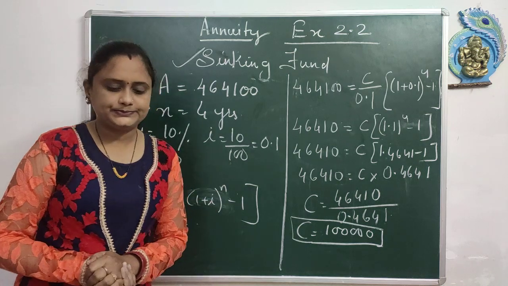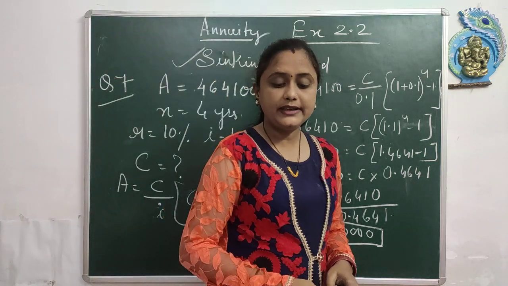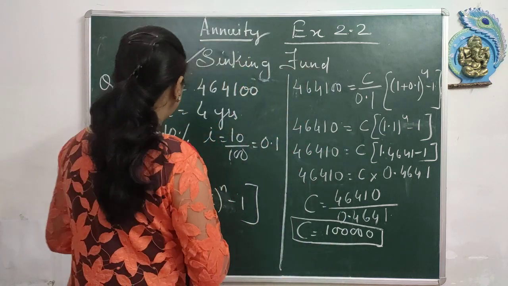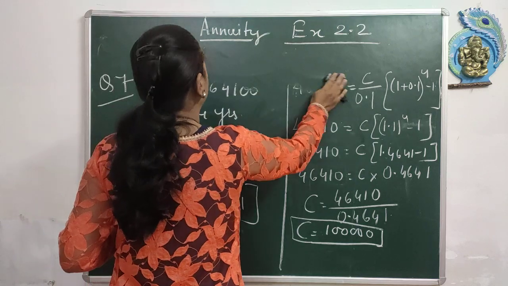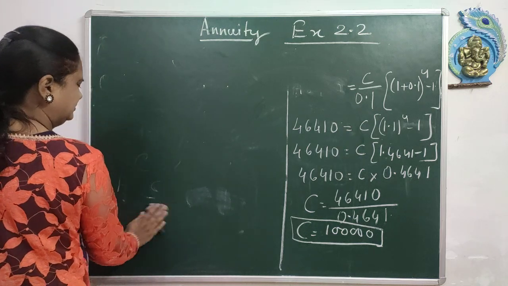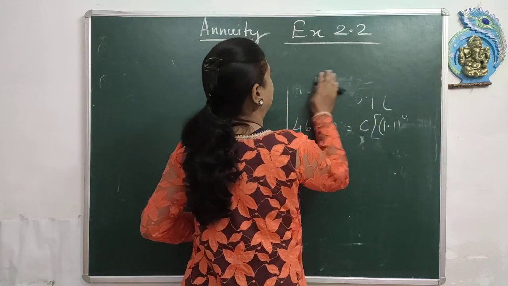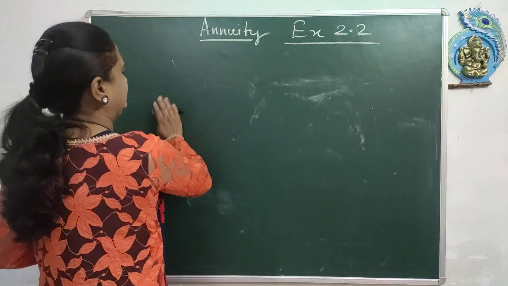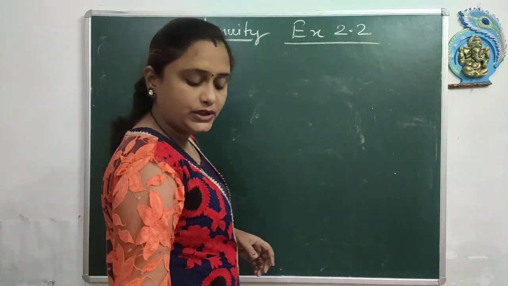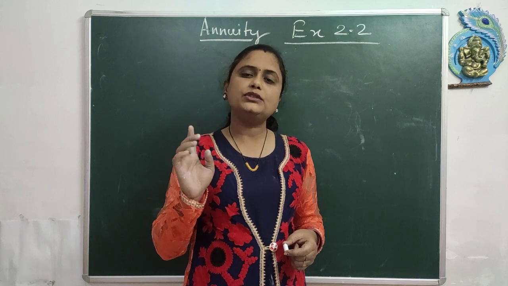Okay, so just have a look. Now question number 8. Now what you have to do in question number 8, a person wants to create a fund of rupees 6,96,150.